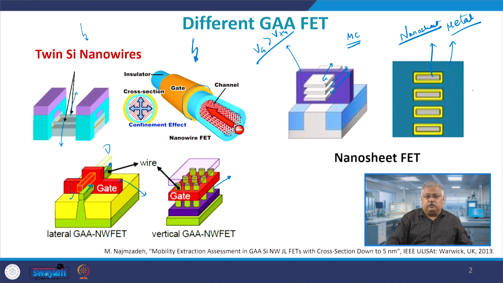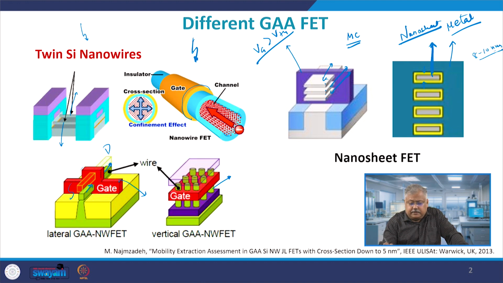If I define them as nanosheets, then these nanosheets make the devices very thin. The thickness of these devices may be around 8 to 10 nanometers.